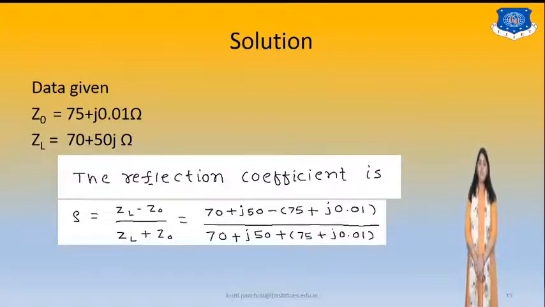Rho is equal to ZL minus Z0 upon ZL plus Z0.